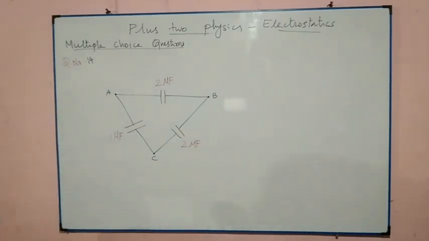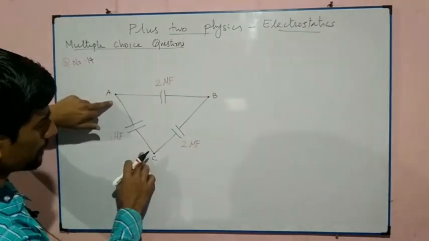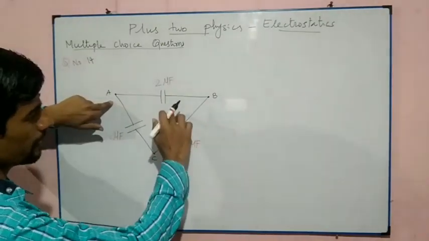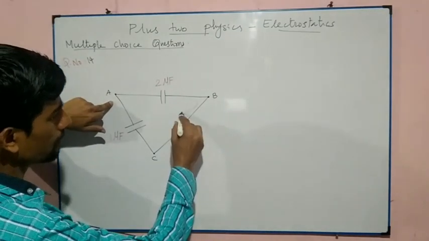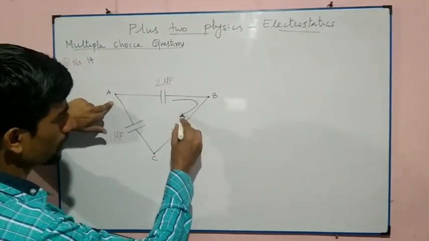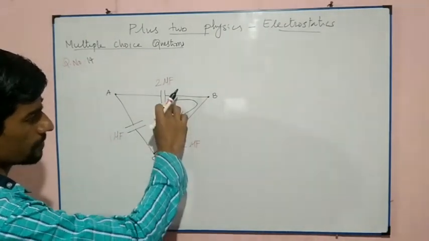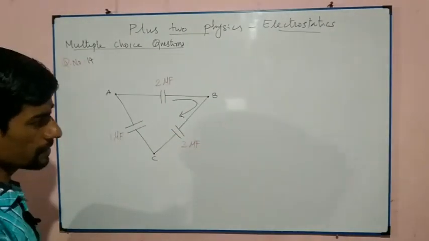Here, if you are finding the capacitance between A and C, these two capacitors will be considered as in series combination. First you have to find the effective capacitance of these two capacitors in series.